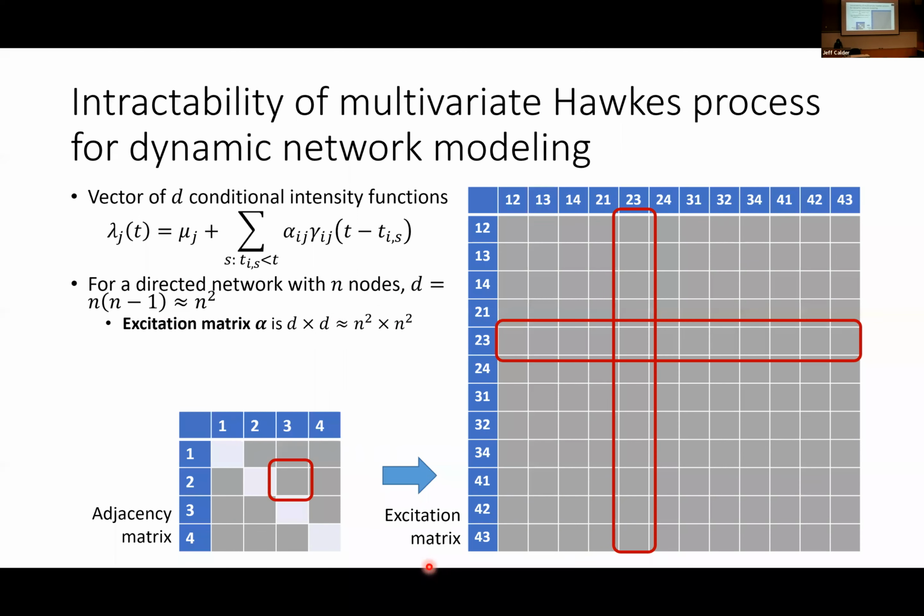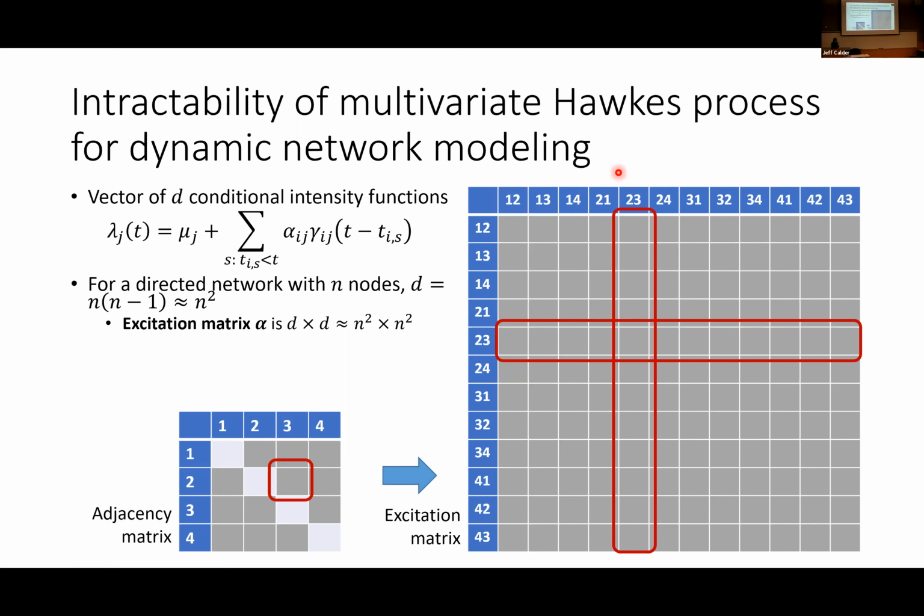If I have one entry here, 2, 3, I'm modeling node 2 sending messages to node 3. In the excitation matrix, I have to be worried about this entire row and this entire row. And by the way, when I say this isn't 12, 13, 14, this is 1,2, 1,3, 1,4, and so on.